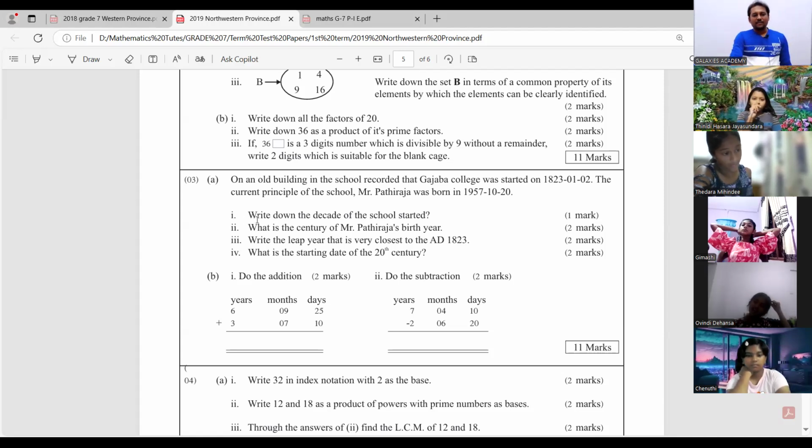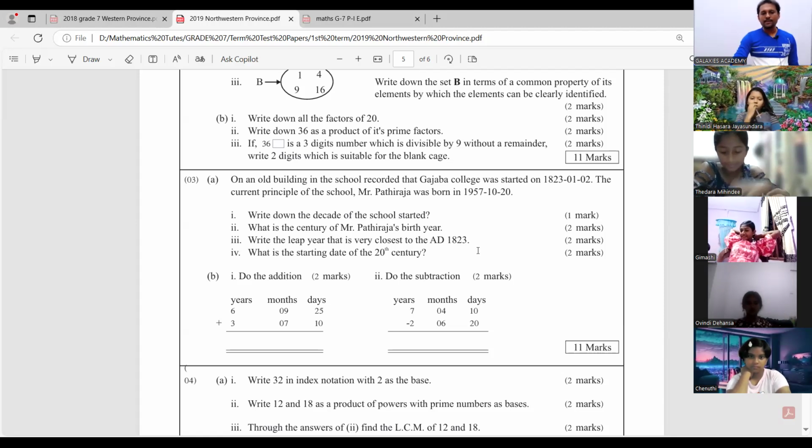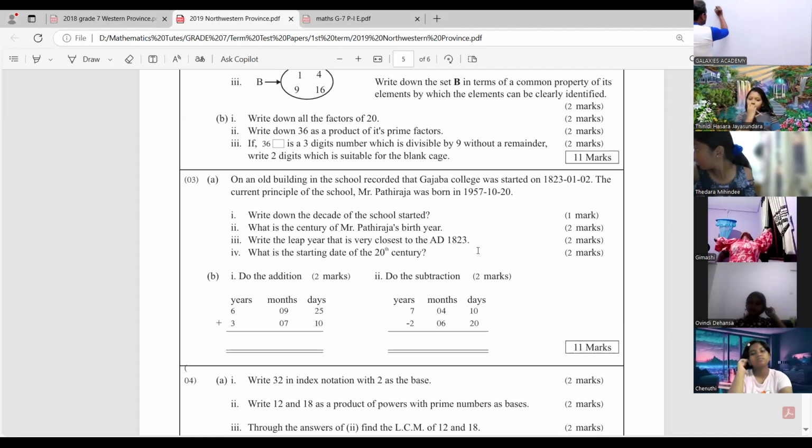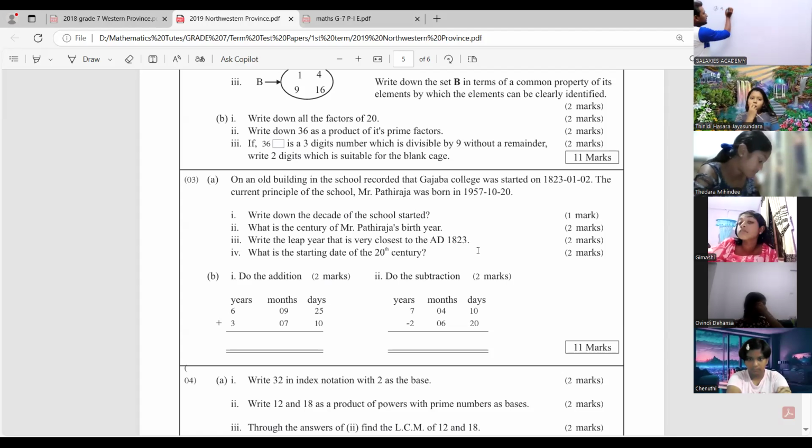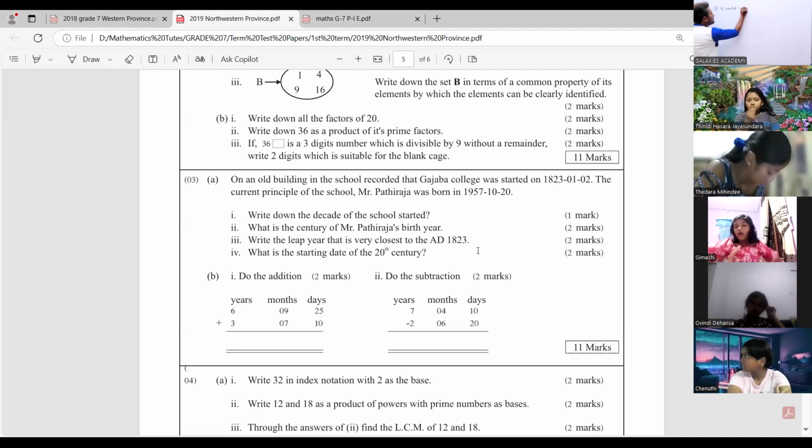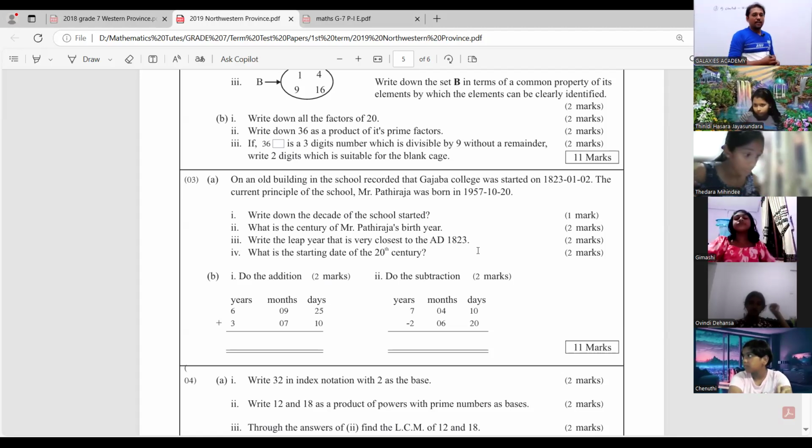First part, write down the decade the school started. What is the school started year? 1823. First part, you have to find the decade.